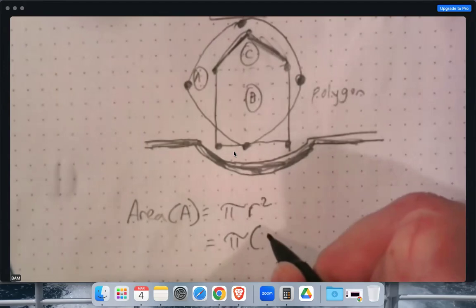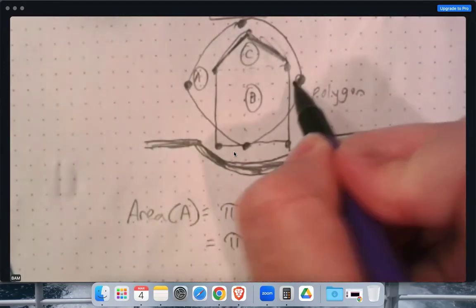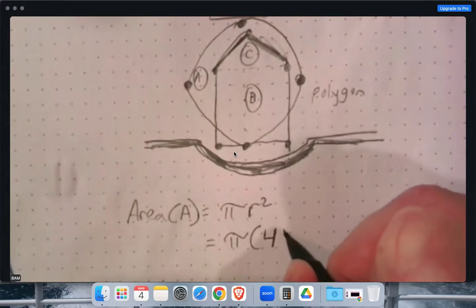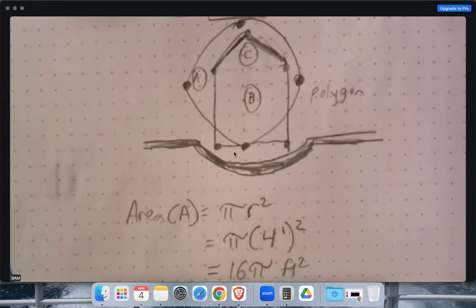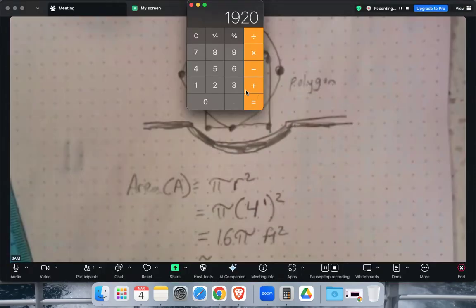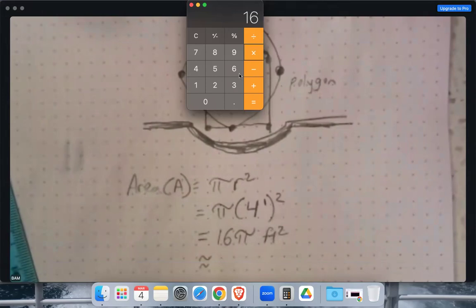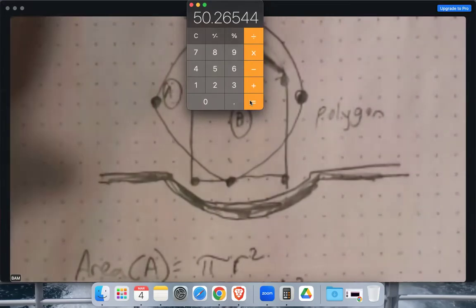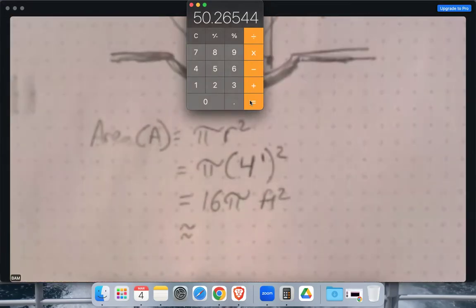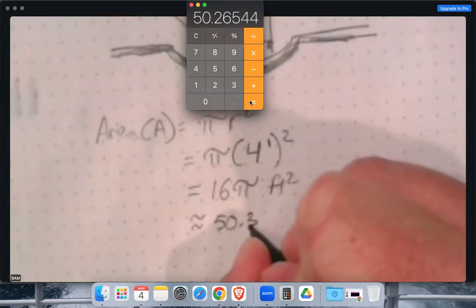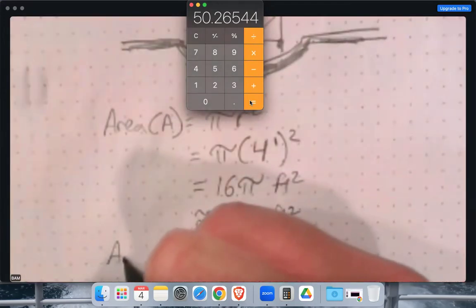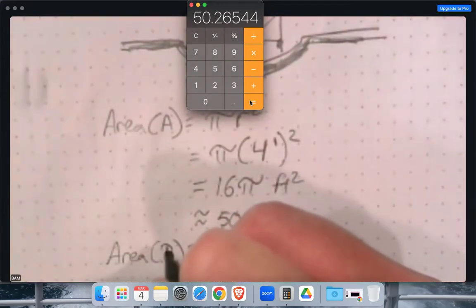So let's say the diameter is 8 feet. So the radius is 4 feet. So it's 16 pi, which is approximately 50.3 square feet.